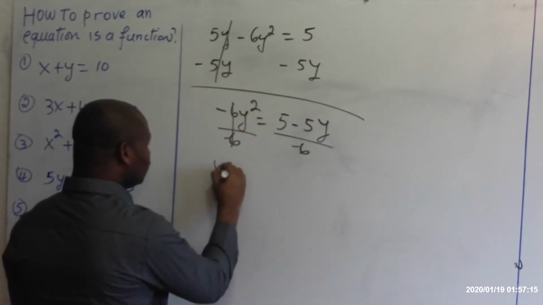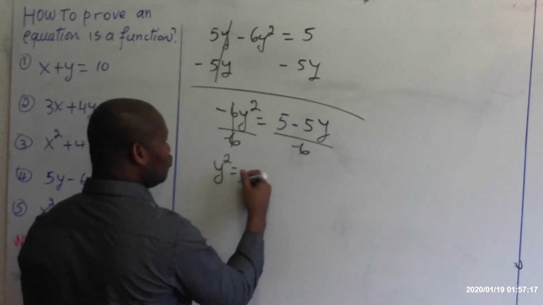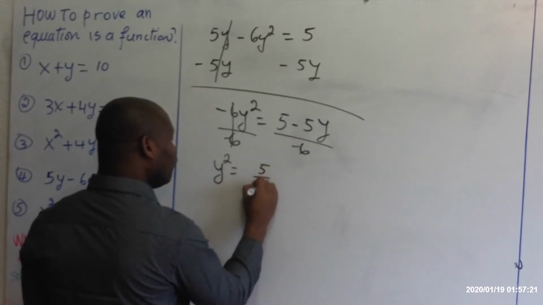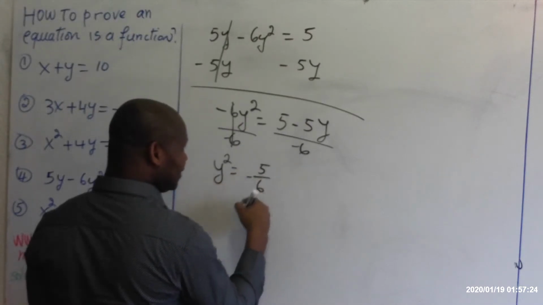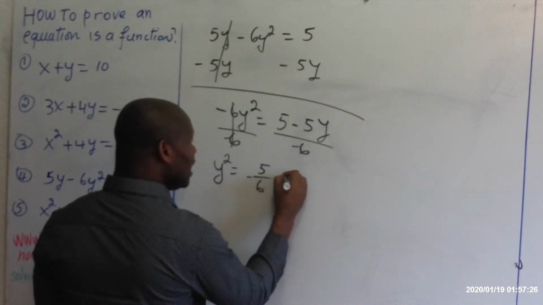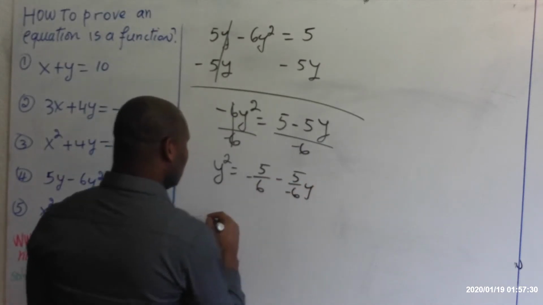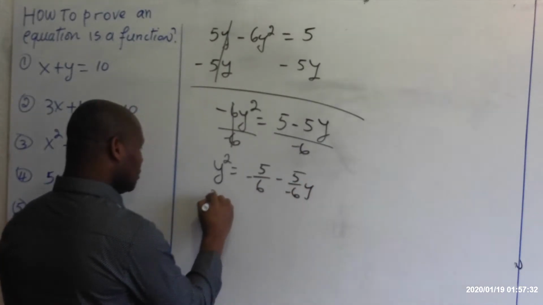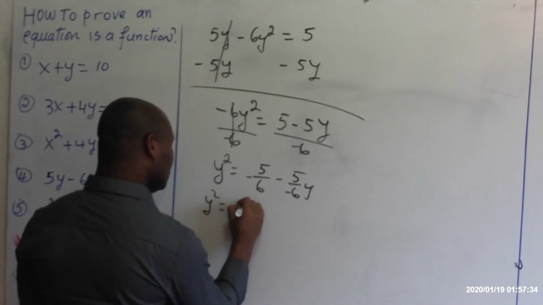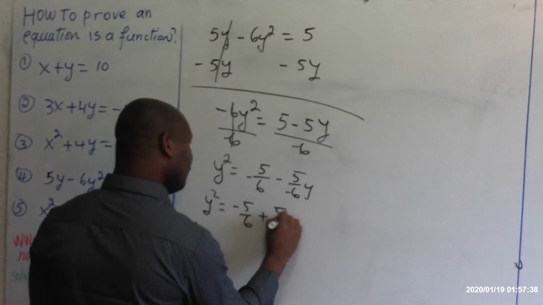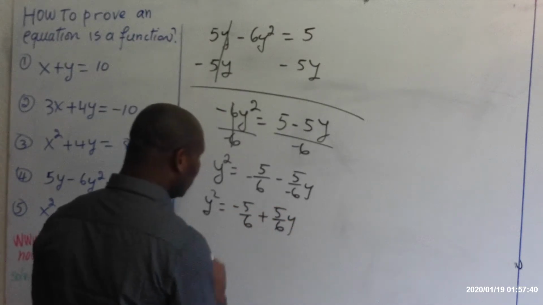We have y squared equal 5 over negative 6, then 5y over negative 6. So you can write it like this: negative 5 over 6 plus 5 over 6y.